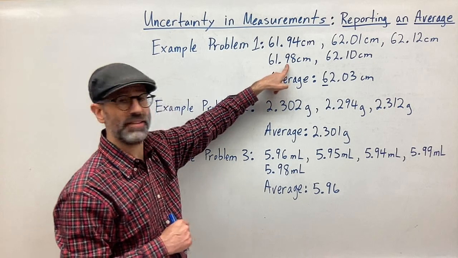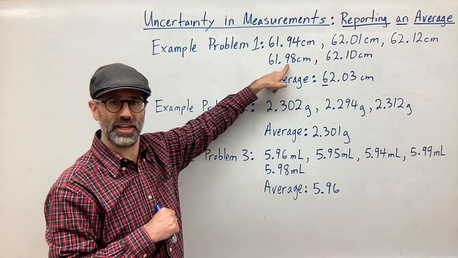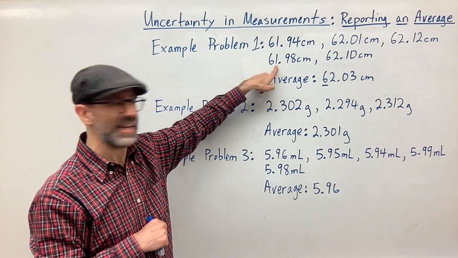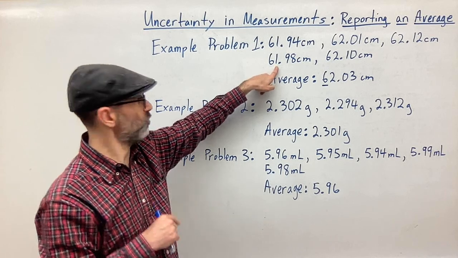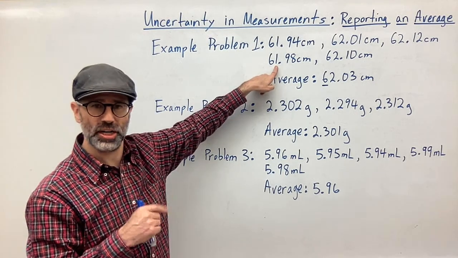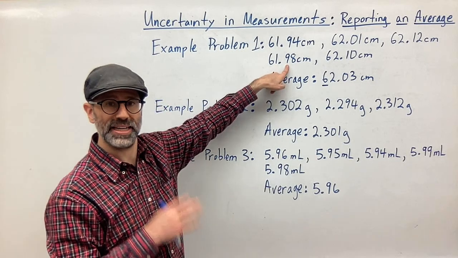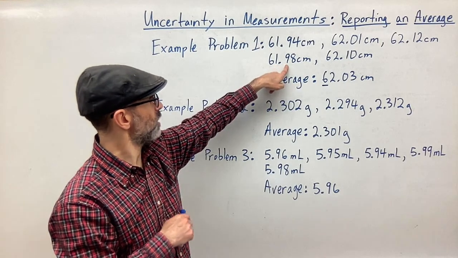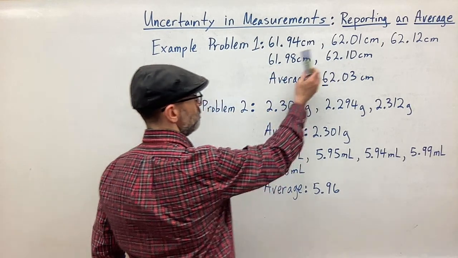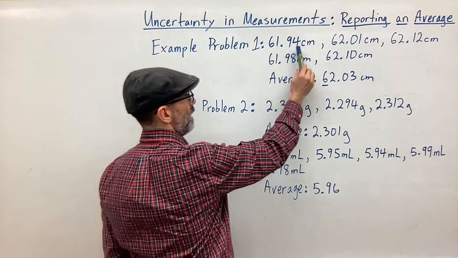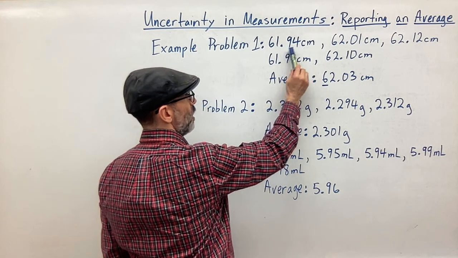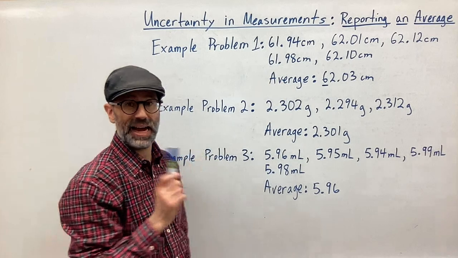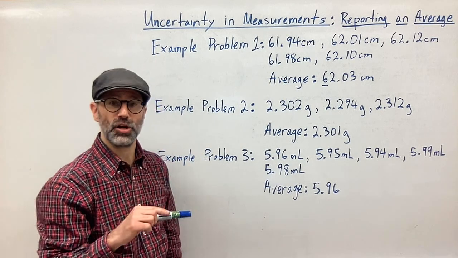Because you have that wiggle room or that fluctuation in the tenths place, that's going to cause some fluctuation in the ones place. So this ones place really is not an uncertainty. It's only because you have this uncertainty in the tenths place, and it's right on the line of your 62. So here we have the tenths place and the hundredths place being uncertain, and the ones place is actually certain.